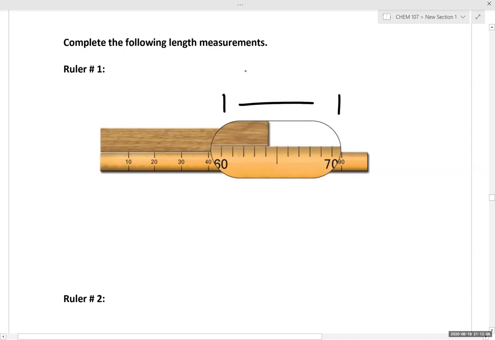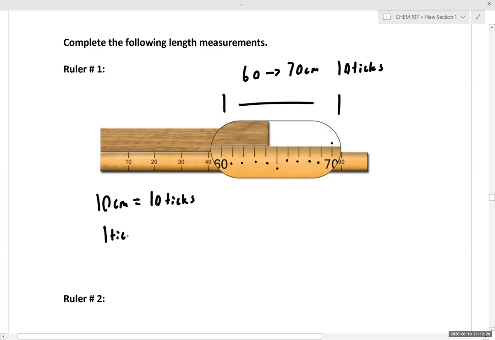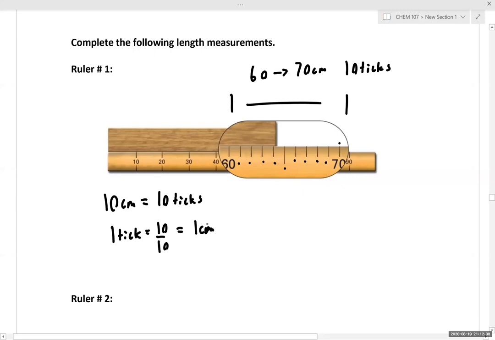To go from 60 to 70 centimeters, it takes us 10 ticks. 1, 2, 3, 4, 5, 6, 7, 8, 9, 10 ticks. So we know 10 centimeters are equal to 10 ticks, 10 of these little marks. So then 1 tick is equal to 10 over 10, which is equivalent to 1 centimeter.